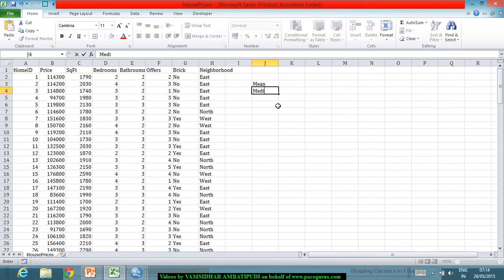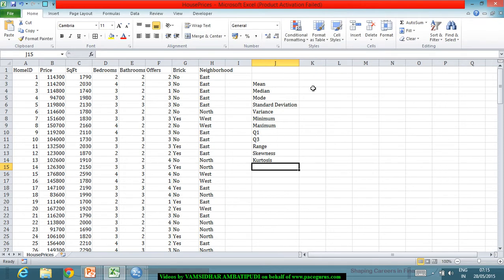I can look at the mean, median, mode. We can look at standard deviation, variance, minimum, maximum, quartile 1, quartile 3, and we can also try looking at the range, skewness, and kurtosis. So let's look at these different values.